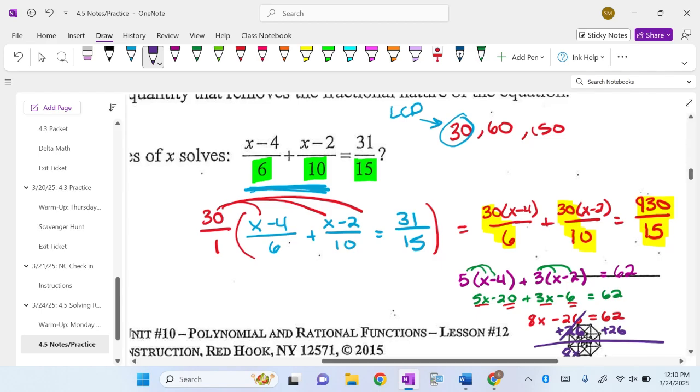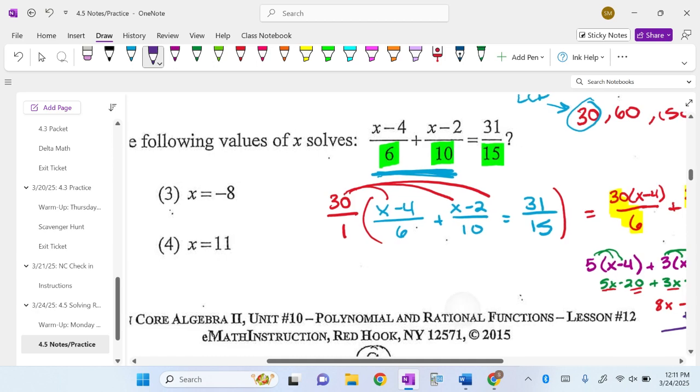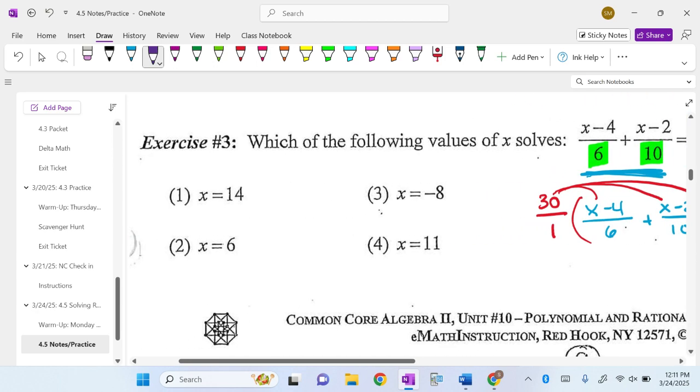That goes away. I get 8x is equal to 88. And then divide by 8. x is equal to 11. And that's my answer. Since all of my denominators are numbers, I don't have to worry about extraneous solutions. So your answer will be number 4.